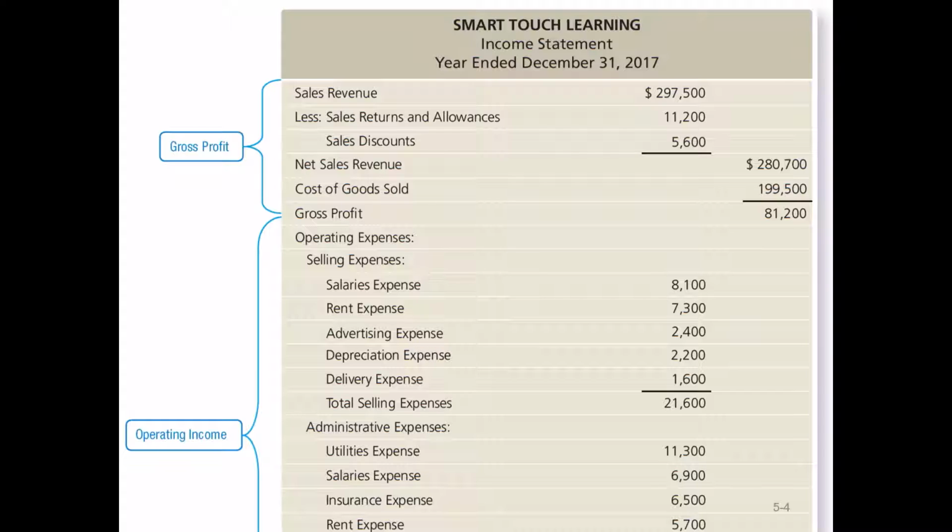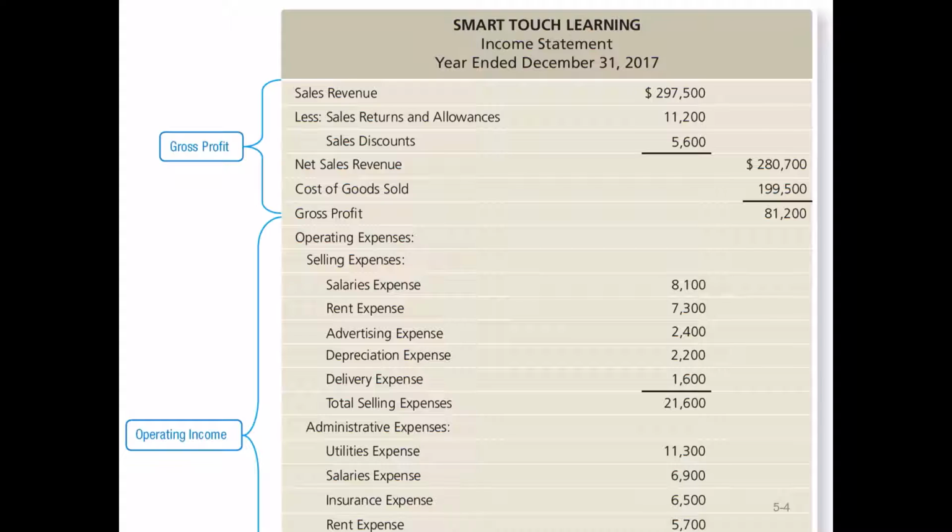The first section of the income statement is very important. Here we're identifying the gross profit that we have. That's in general our sales minus our cost of sales to identify how much money we have to operate the business. You'll also notice that we now have a net sales revenue number.